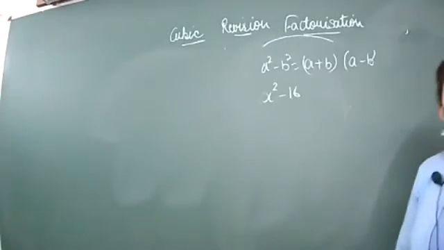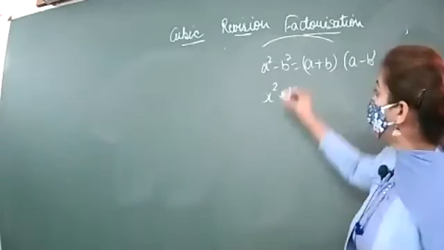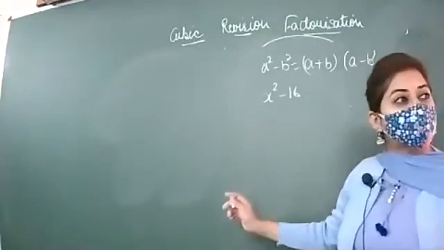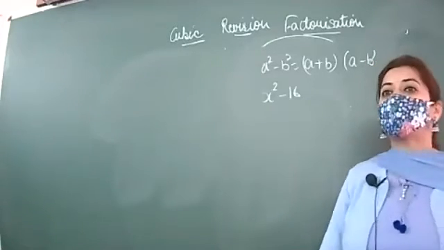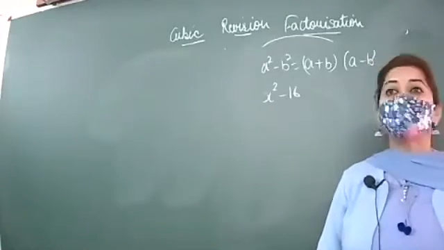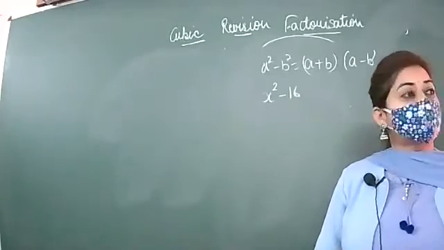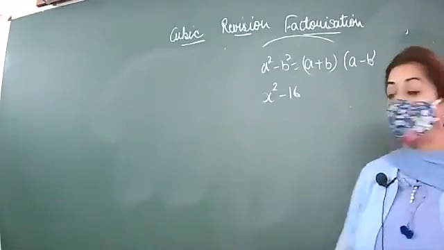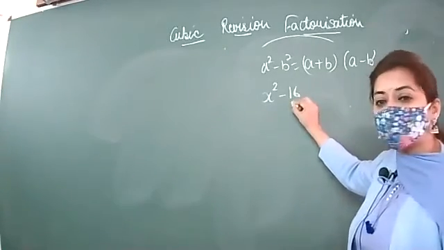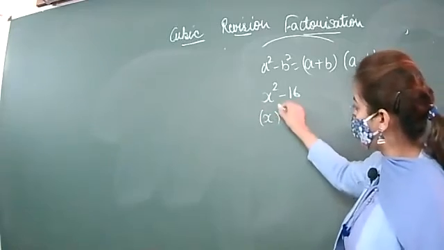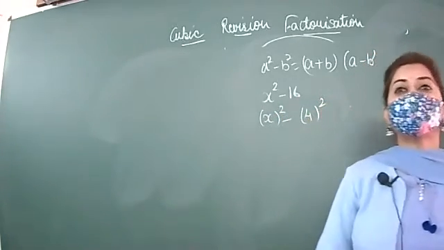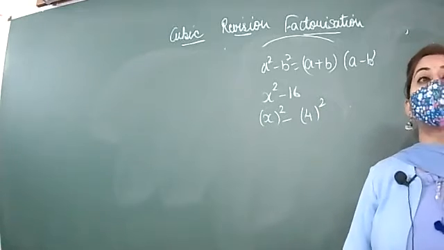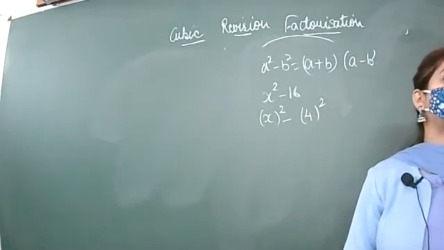This identity will be used when 2 terms are given, and again the terms are perfect squares. If the terms are not perfect squares, either you will make them perfect squares by taking common, or perfect square terms will be given to you directly. Here, 16 is a perfect square term, so this is your a square minus b square. In the first 3 identities, it's compulsory that perfect square numbers are given.